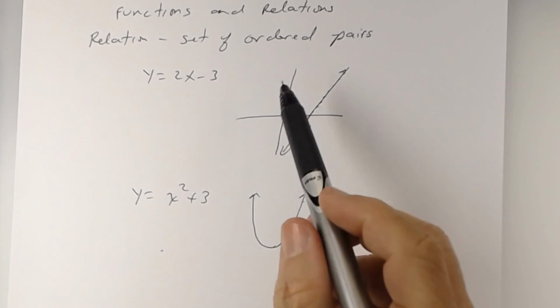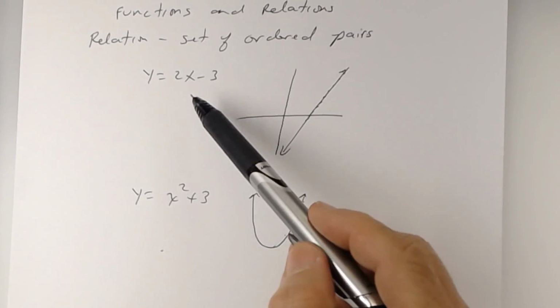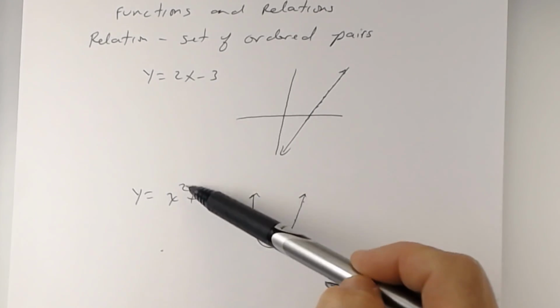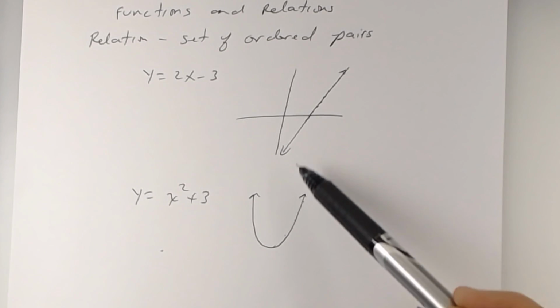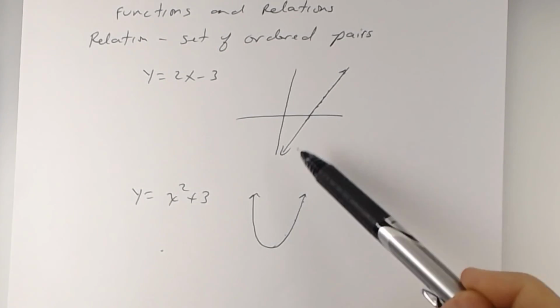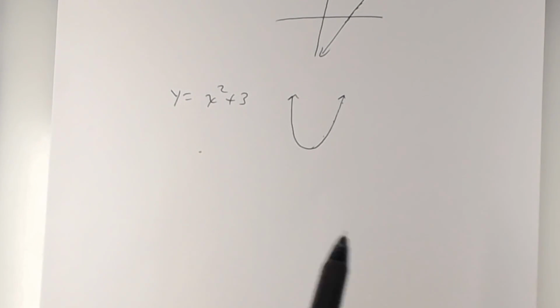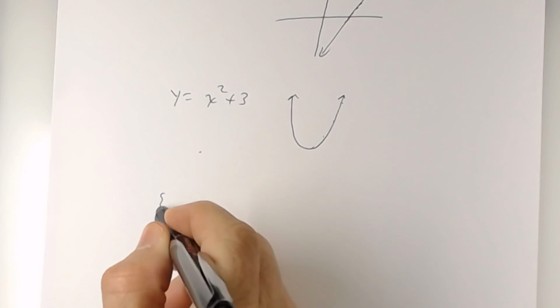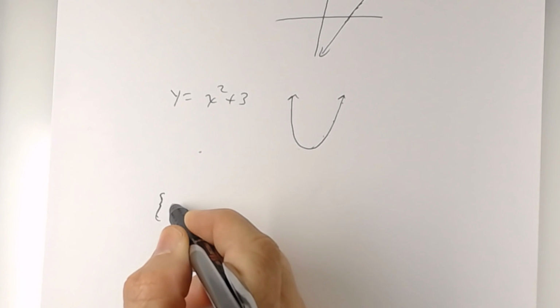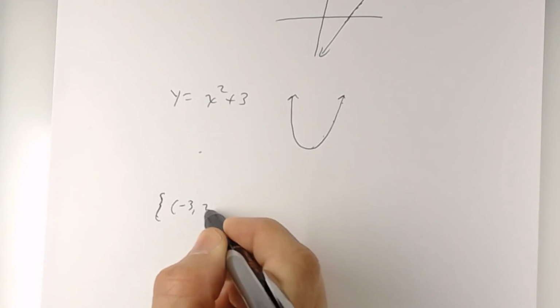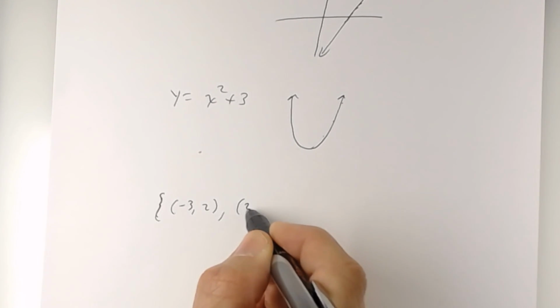So a relation can be represented by an equation. A relation can be represented by a graph. A relation can be represented by a set of ordered pairs. For example, this is a relation right here, a set that has, let's say, 5 ordered pairs.